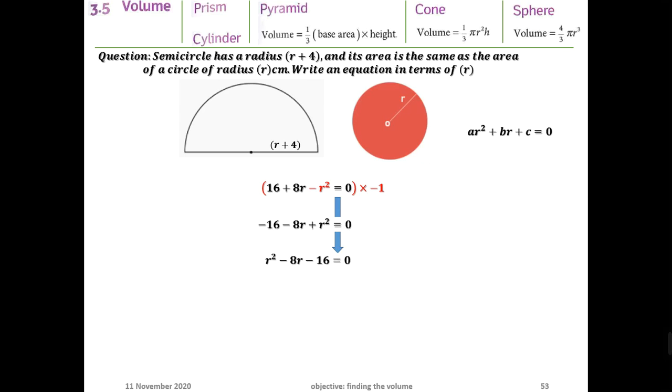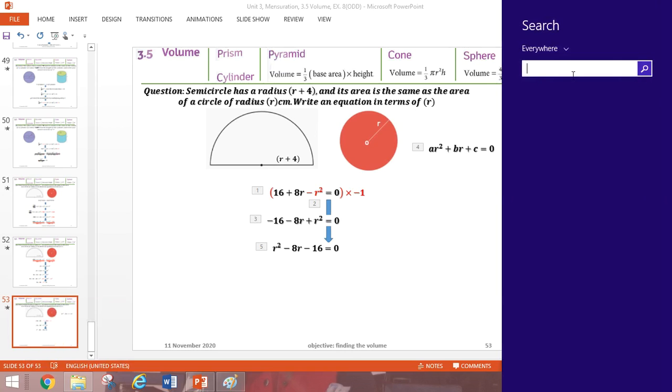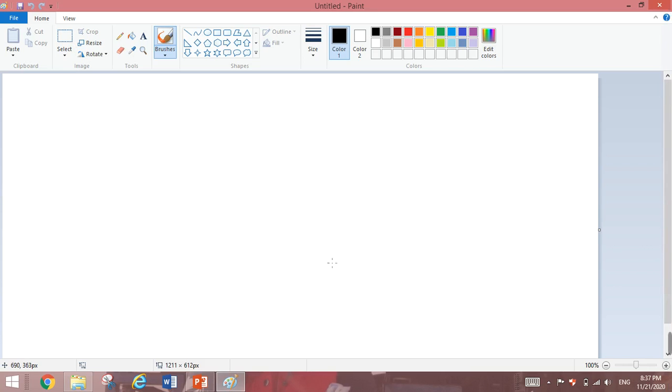So it's going to be r squared minus 8r minus 16 all is equal to 0. Now we have an equation in terms of r that is equal to 0 and we need to find r. So how we're going to do that? Please stay with me and have a look at how I'm going to do this.